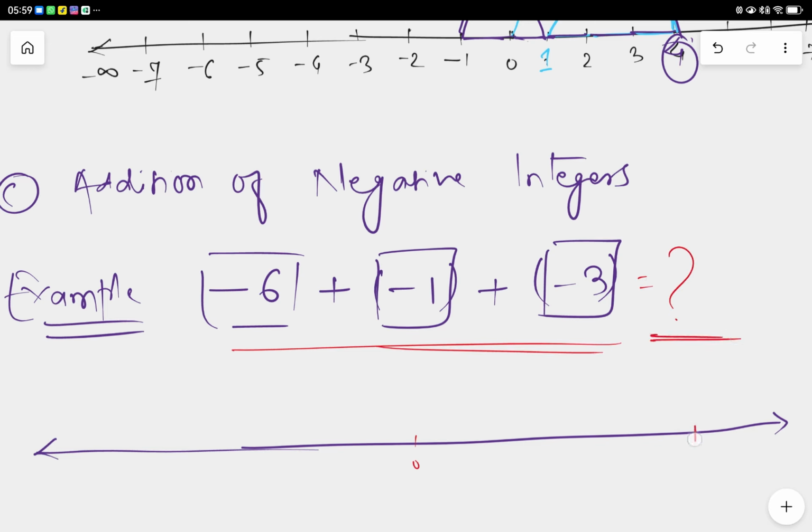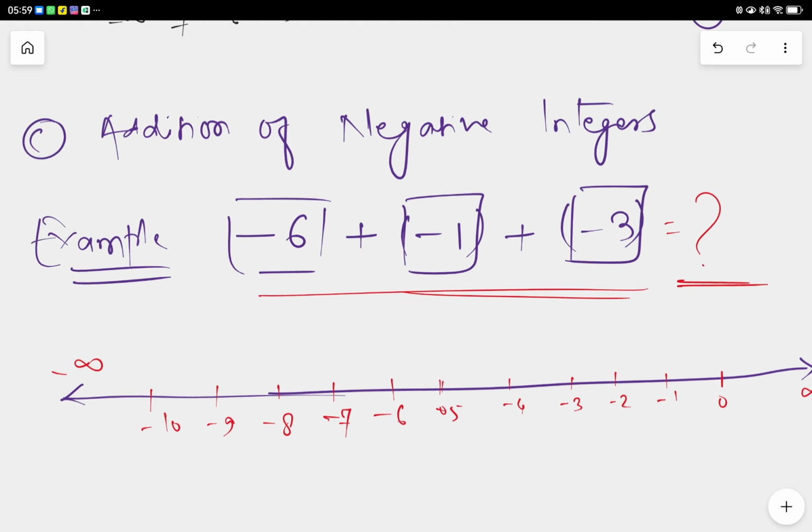So we will take 0 here. -1, -2, -3, -4, -5, -6, -7, -8, -9, -10, and -infinity and plus infinity. Okay, so we are basically concentrating on the left hand side of the 0. You remember from the first lecture, the left hand side is all about negatives. So the first jump that we have to make is -6, so -6 backward. So -6 I made it.